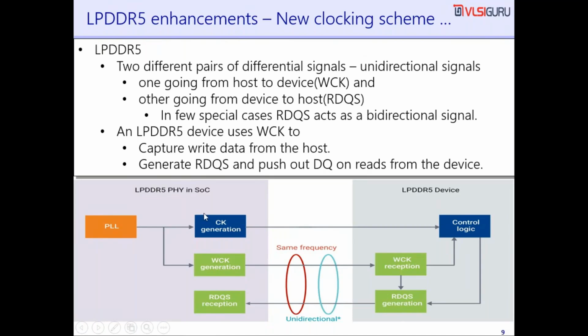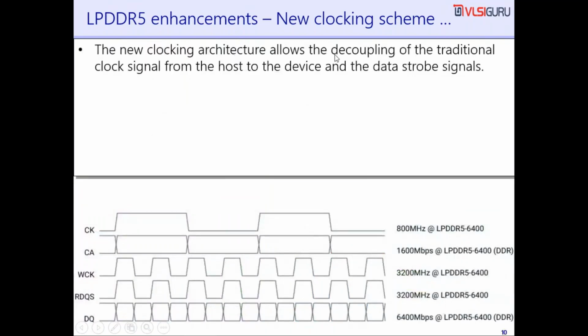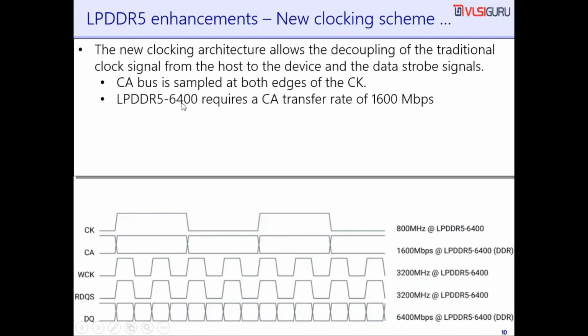LPDDR5 also makes the address and command sampling double data rate. So whatever we would do earlier with clock X can now be done with X by 2, because you are able to issue commands at both the positive and negative edges of the clock. The new clocking architecture allows deep decoupling of the traditional clock signal, that is the CK signal, from the host to device and data strobe signals. The CA bus is sampled on both edges of the clock, and LPDDR5 6400 requires a CA transfer rate of 1600 Mbps.